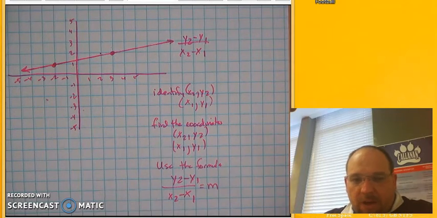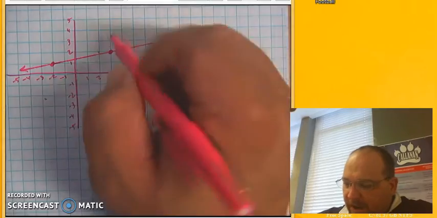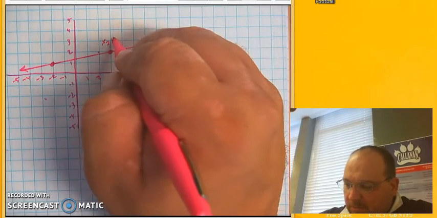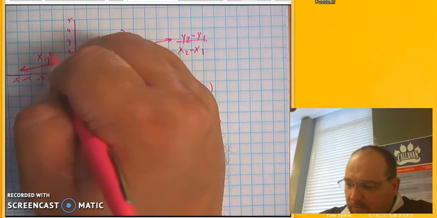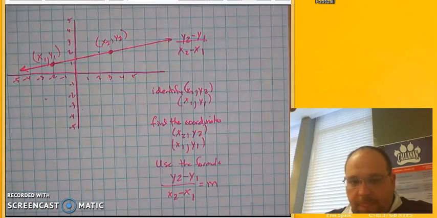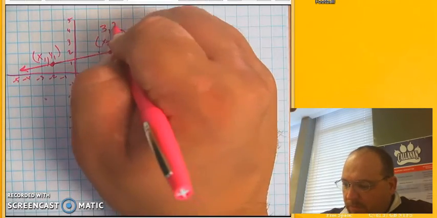Which one you identify as x2, y2 determines how this will be worked, but you should end up with the same solution in the end. On this problem, I'm going to identify this as the 2s and this as the 1s. This coordinate is (3, 2).